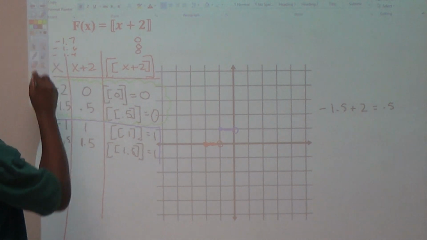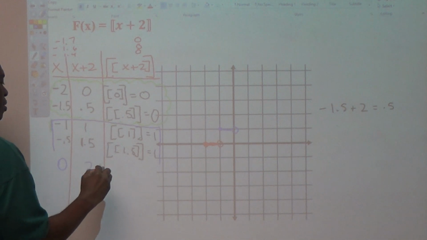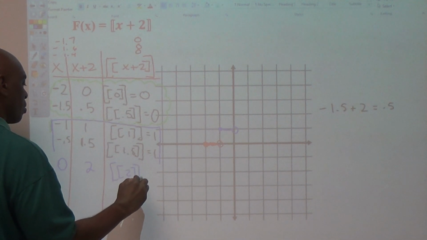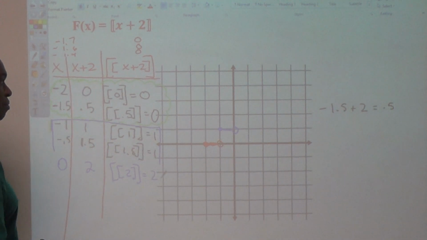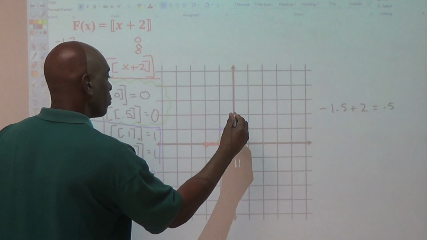What's happening with 0? Put in 0 for x, what do you get? 2. Greatest integer of 2 is 2. Oh wow, so I have 0, 1, 2, okay?